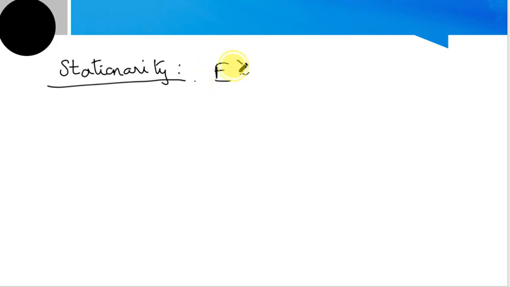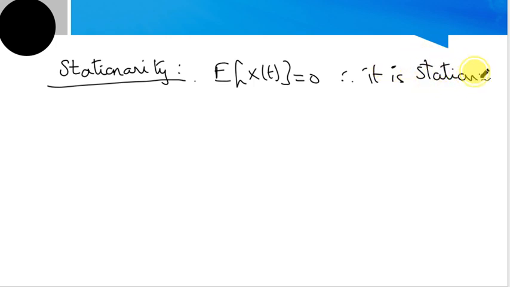Finally, we are going to discuss the stationarity of this process. So it is stationary in the mean. Why is it stationary in the mean? Because we have the mean value equal to 0. Therefore, it is a constant and hence it is stationary in the mean.